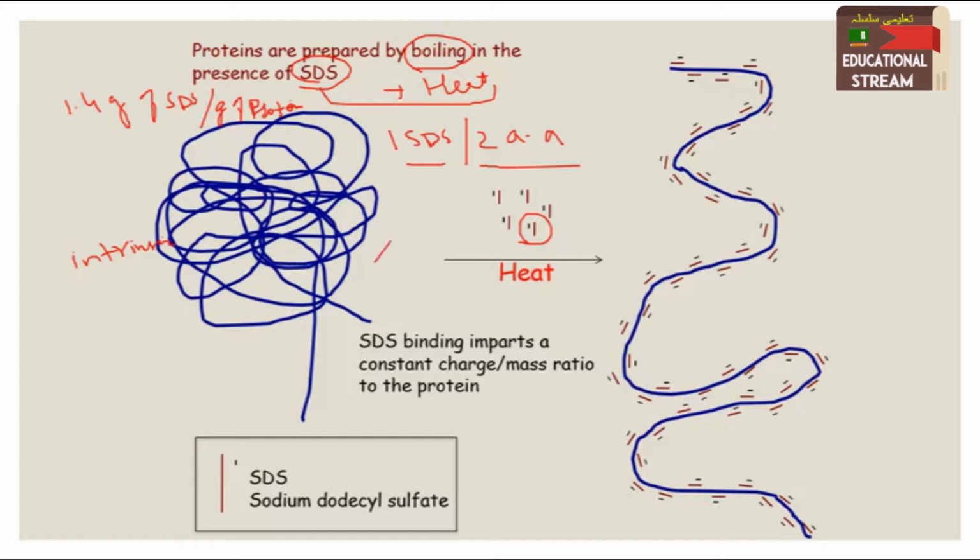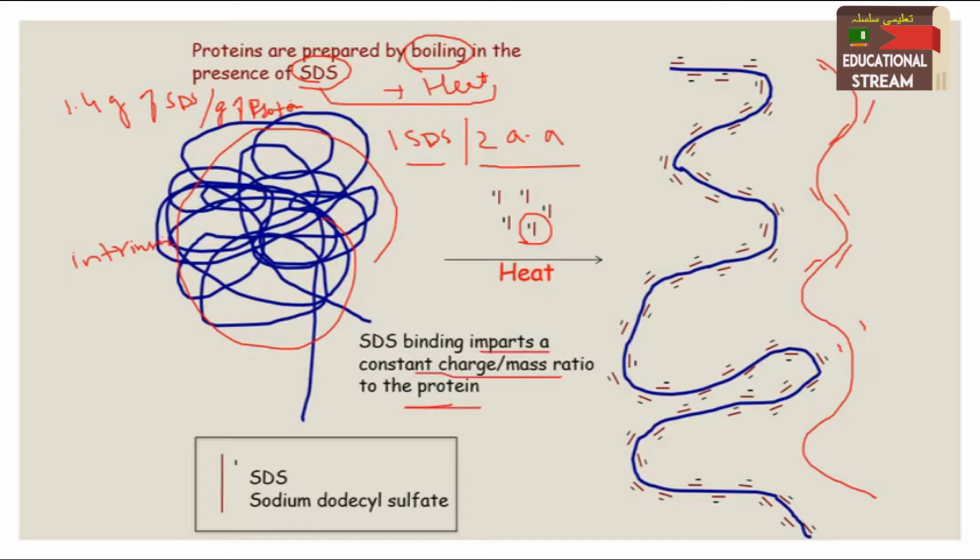First, this is the native structure of the protein, and when SDS binds with it, you can see it has caused the denaturation of the protein by binding of the negatively charged sodium dodecyl sulfate with it. So SDS binding will impart a constant charge to mass ratio to the protein. Constant means the same, that is the negative charge. So it will give the negative charge to the protein.